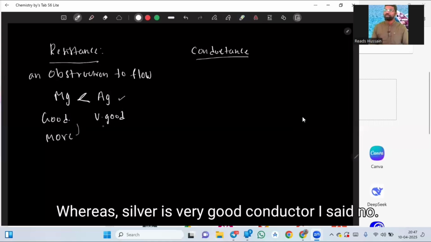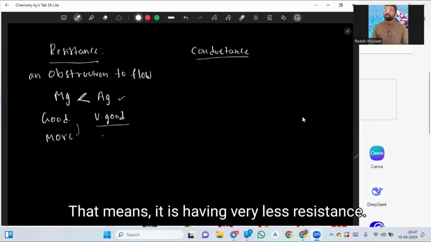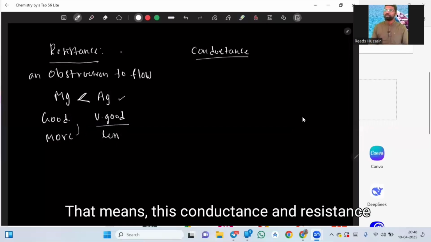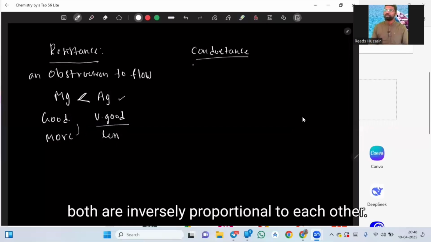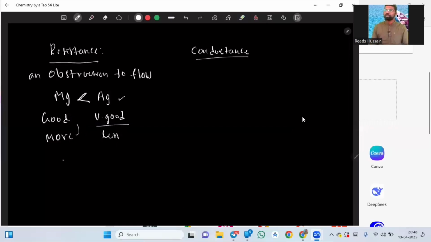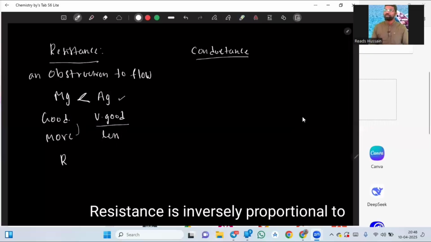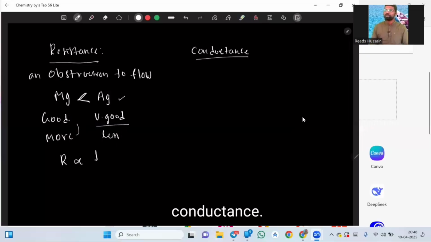Whereas silver is a very good conductor, I said, no? That means it is having very less resistance. That means conductance and resistance are inversely proportional to each other. Resistance is inversely proportional to conductance.